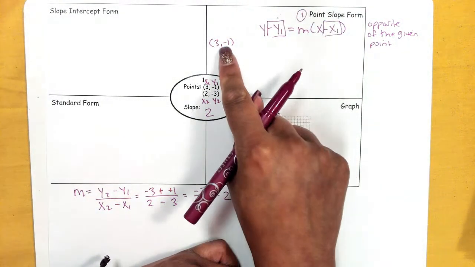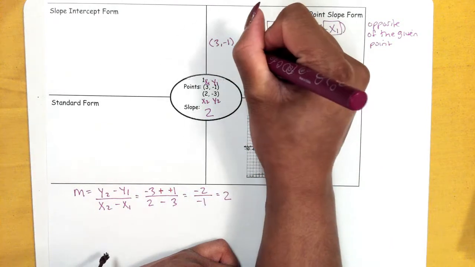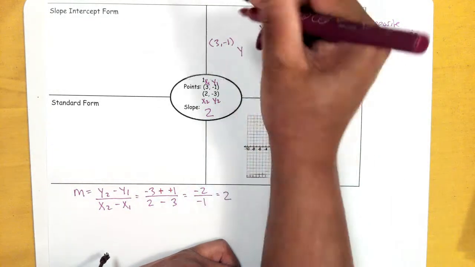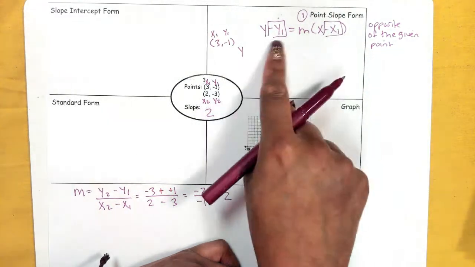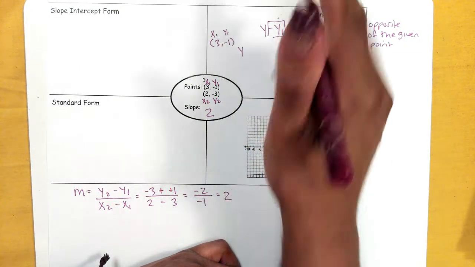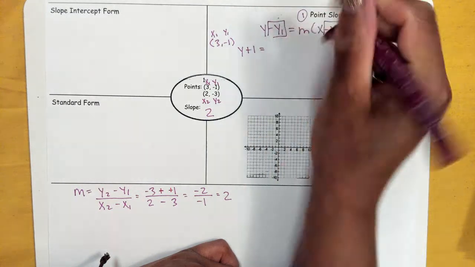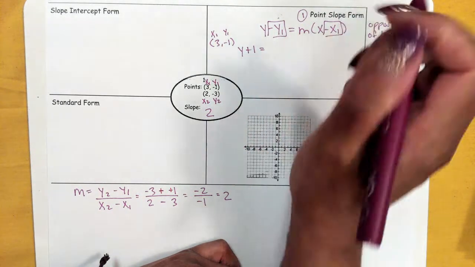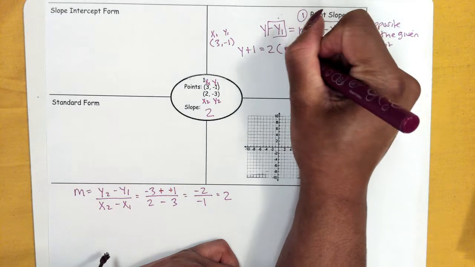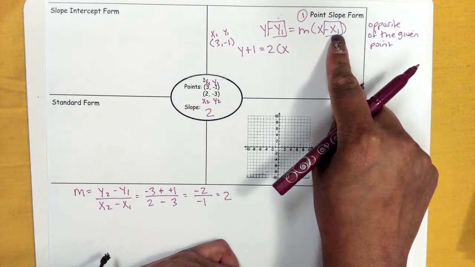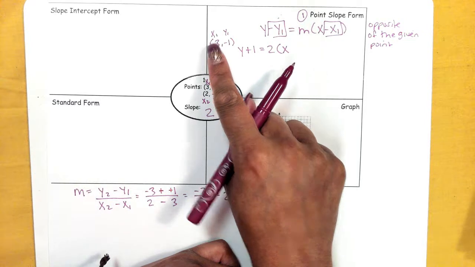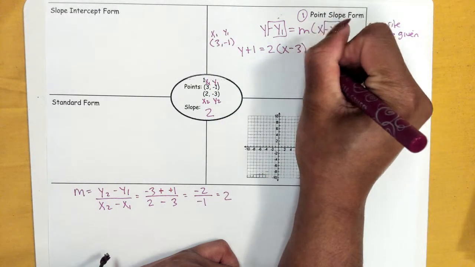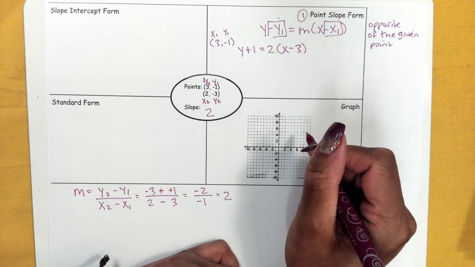Okay, so choosing 3, negative 1, I have y, and then we know that y1 is negative 1, but the opposite of the given sign negative 1 is a positive 1, equal to m, which we know to be 2, open parentheses x, and x1 is 3, but we want to take the opposite of it, so we're going to put minus 3. Okay, so that is point slope form.